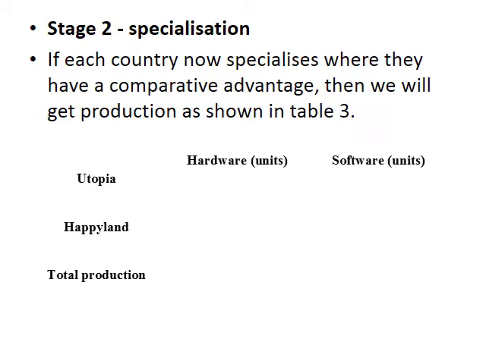Now let's have the countries specialize instead. And if each country specializes where they have a comparative advantage, then we're going to get production according to this table. So Utopia, we know, has the comparative advantage in hardware. So they're going to put all their resources to hardware and produce no software. Happy Land has the comparative advantage in software, so they're going to put all their resources into software and none into hardware.